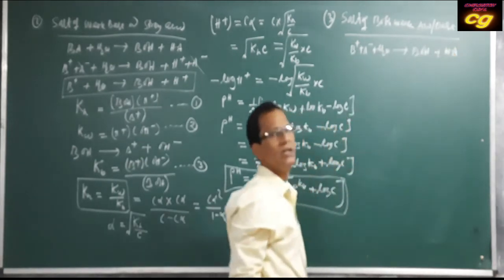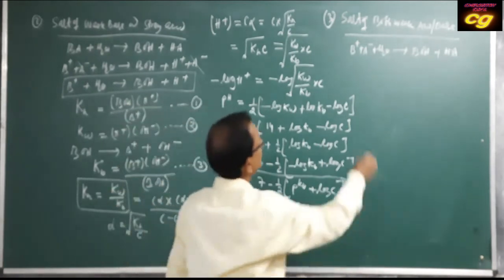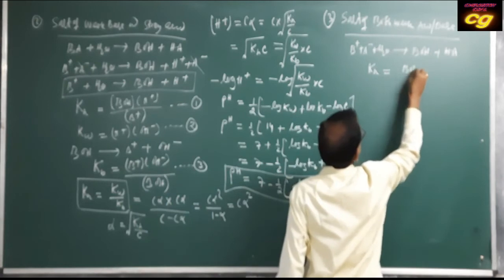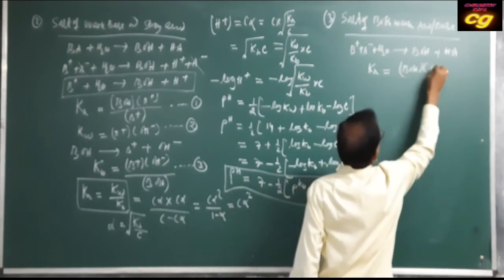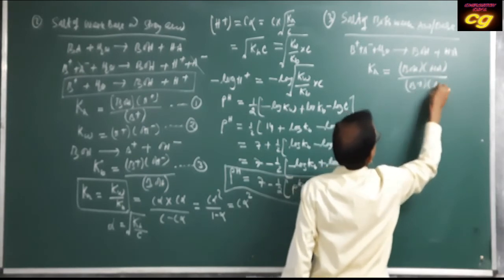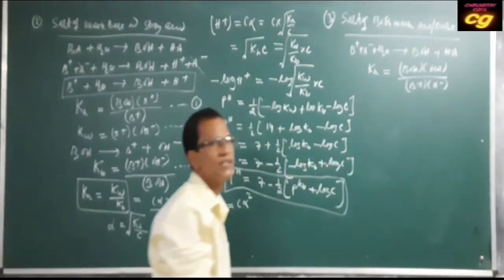Because both are weak, this equation will remain. So your KH dissociation constant will be concentration of base into concentration of HA upon B plus into A minus. This is the KH value.